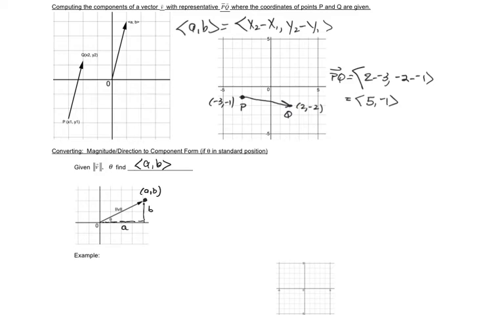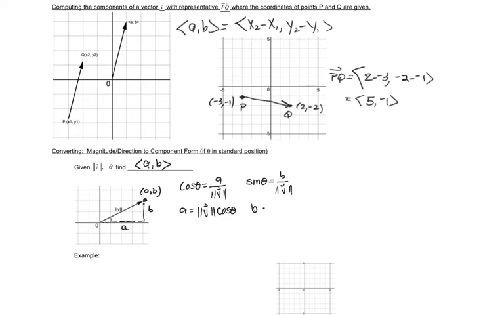So in my picture, as I have it drawn, the cosine of theta is the adjacent over the hypotenuse. So A equals magnitude times cosine theta. And similarly, for B, we have opposite over hypotenuse is sine of theta.